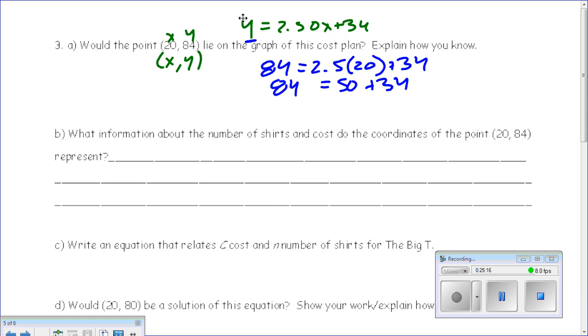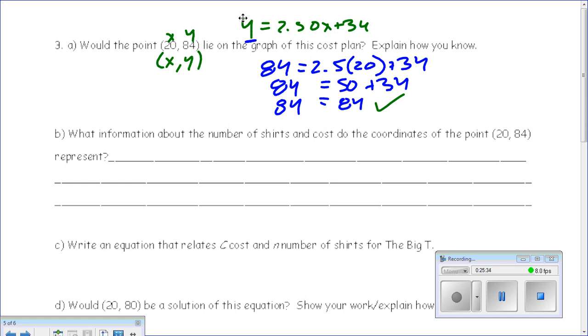Well, now 50 plus 34 gives me 84, and on the left I still have 84. Well, does 84 equal 84? Yes. And because they equal each other, that point 20 comma 84 does lie on this graph.